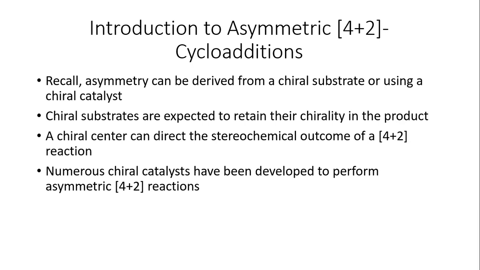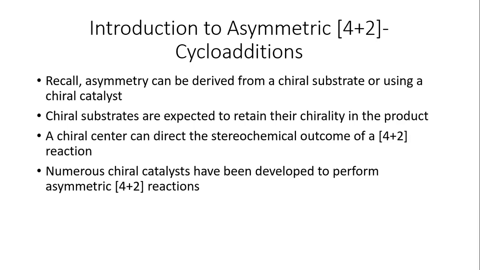If you have a chiral substrate, then it's expected to maintain the chirality, simply because of how specific the reaction is, and the known pathway, right? How the HOMO and LUMO overlap and interact.